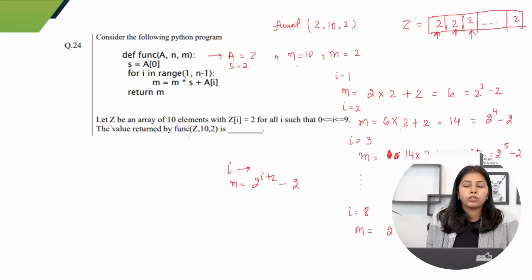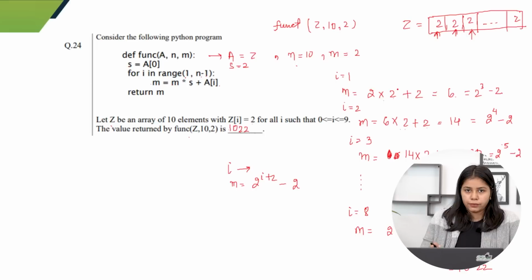You can solve for 2 to the power 10: 2 twos are 4, then 8, 16, 32, 64, 128, 256, 512, and then 1024. 1024 minus 2 gives me 1022. So the value returned by Z, 10, 2 would be 1022. That's how you can run this function and get the value.